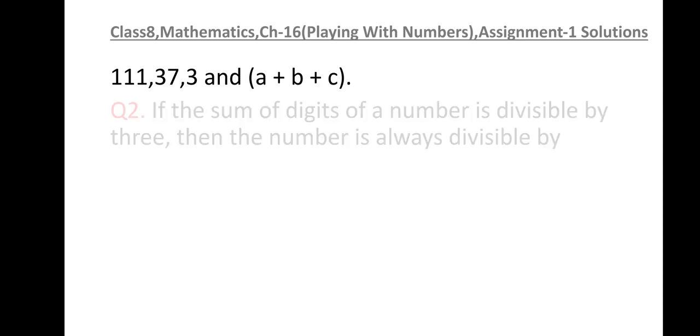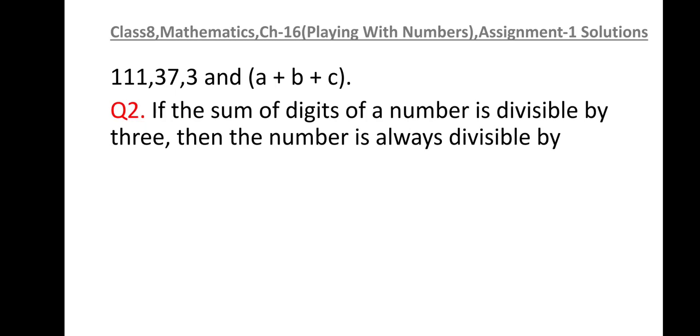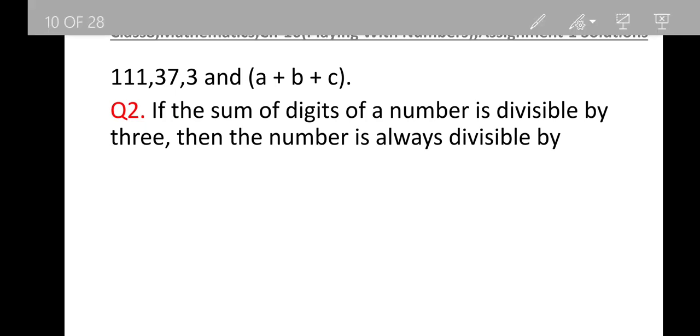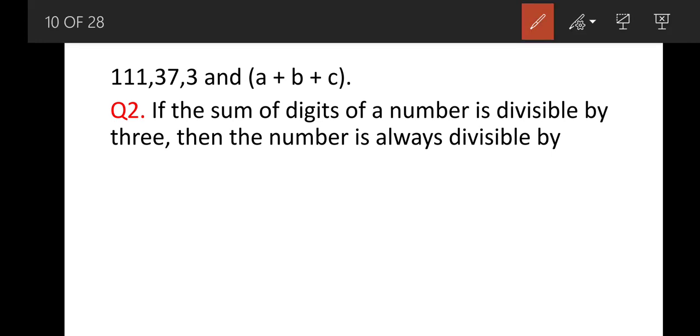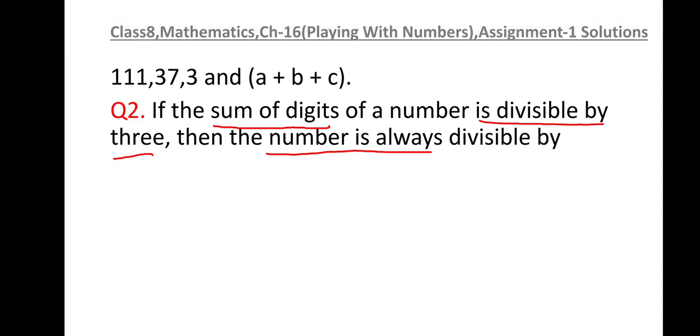Question number 2. If the sum of the digits of a number is divisible by 3, then the number is always divisible by? It is quite a simple question. It is given that the sum of the digits is divisible by 3, then obviously the number will be divisible by 3. Let us see the options now. Option A is 2, B is 3, C is 6 and D is 9.